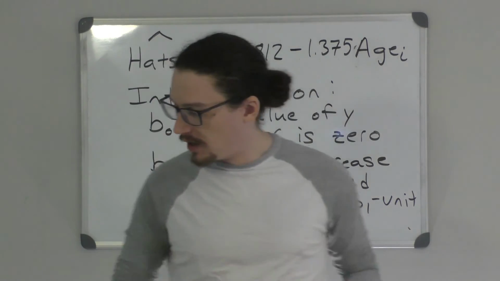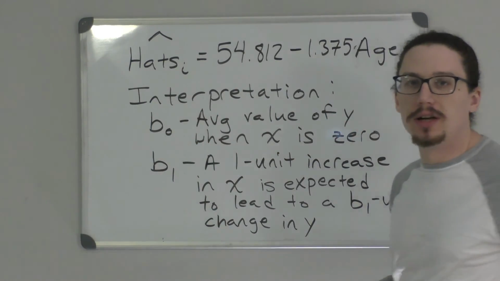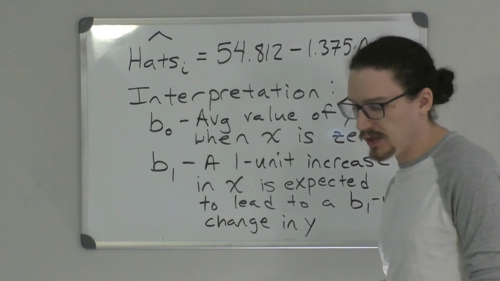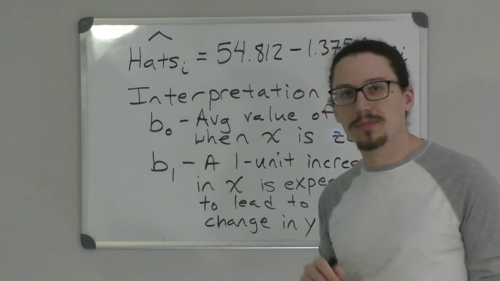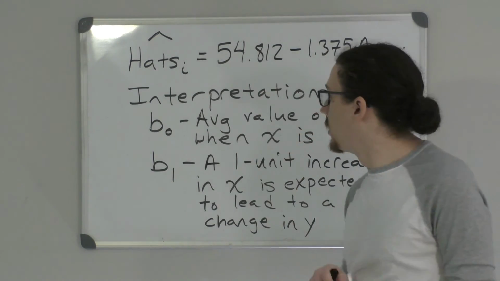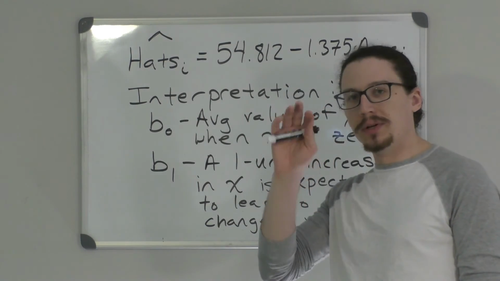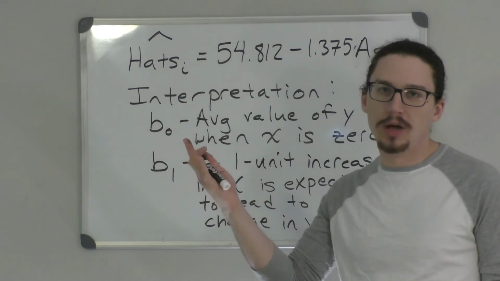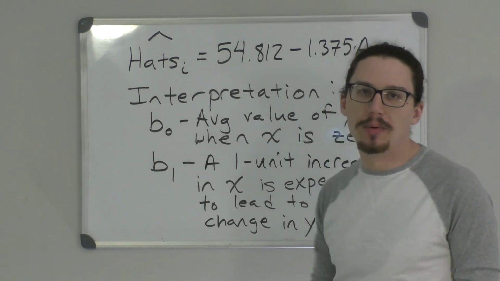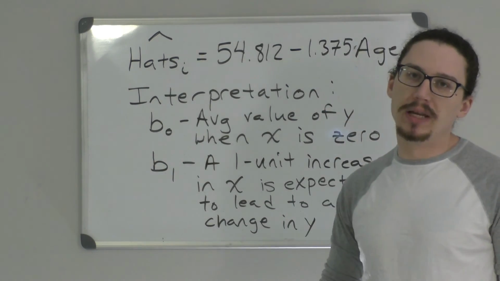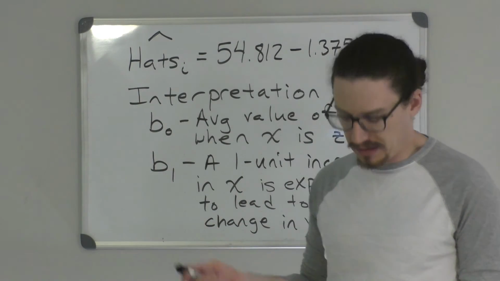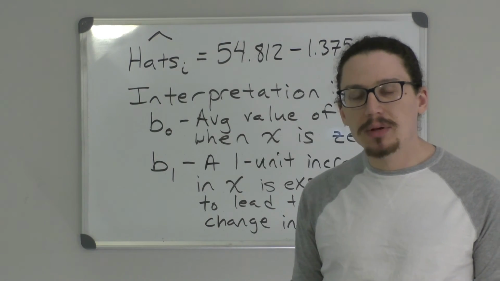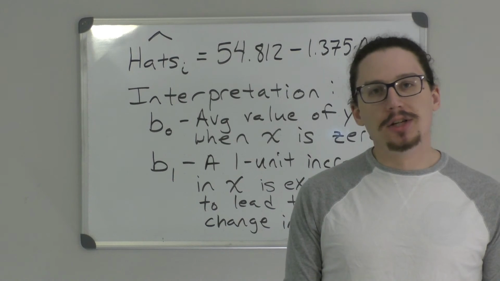Speaking of this example though, let's just go ahead and run through these parameters, right? Or these coefficients. Actually, before we do, one thing to note, most of the time, I'll be honest with you, we don't really care about B naught. B naught is just there because we need it to be or we want it to be, but we're not going to interpret it that much.